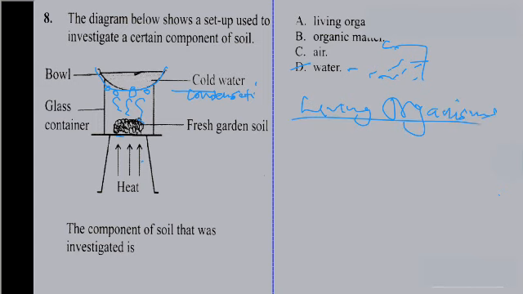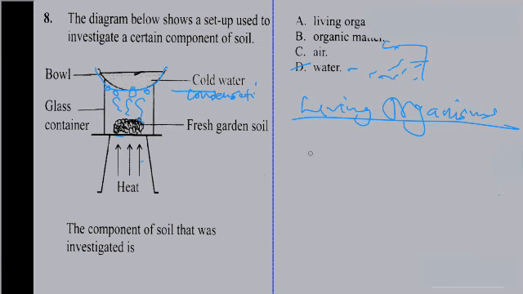The next experiment is to test for the presence of living organisms. Now living organisms, we know they take in oxygen and they give out carbon dioxide. Now when you take carbon dioxide and mix it with lime water, which is just clear like normal water, it changes into something milky. And so that is the whole experiment.